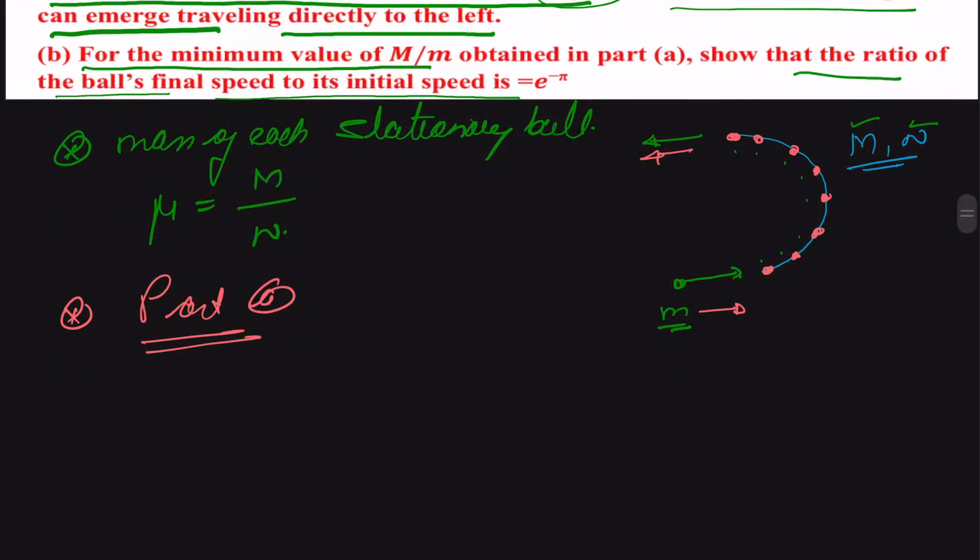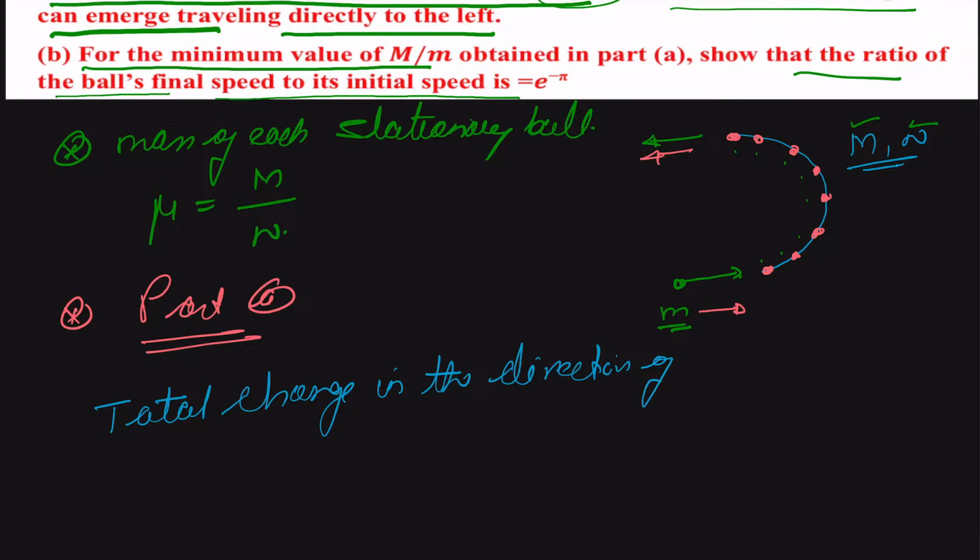So we can say that the total change in the direction of the ball, and let us call this ball as ball B, and suppose that is our delta theta.